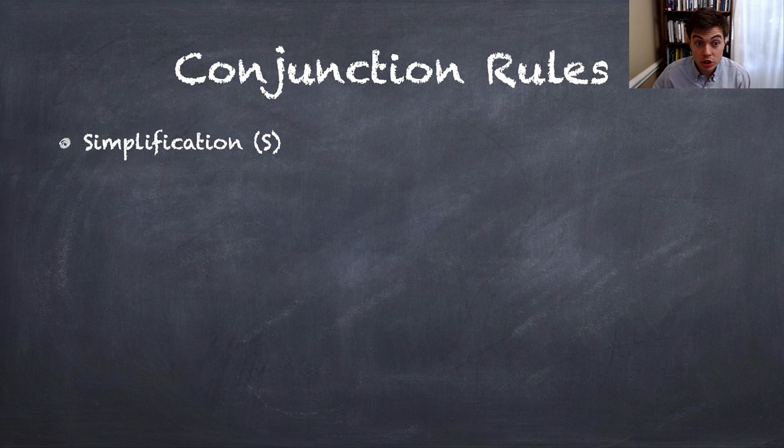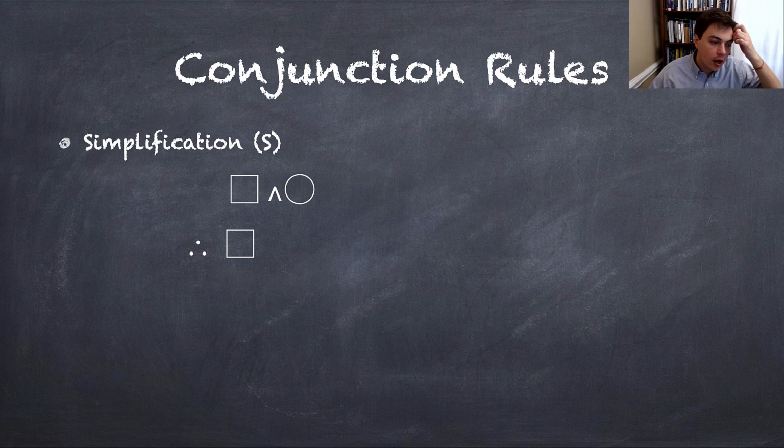So let's start with conjunction, which probably these two are the easiest. The first rule is simplification, which we're just going to abbreviate with S. And simplification tells us that if we have box conjunction circle, where box and circle are metavariables standing in for any sentence letter, any P, Q, R, S, and so on, or indeed for any well-formed sentence in the language.